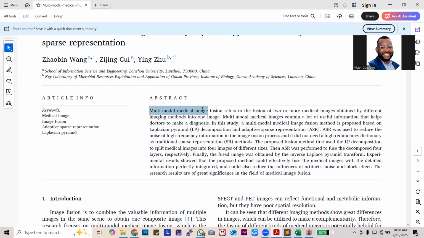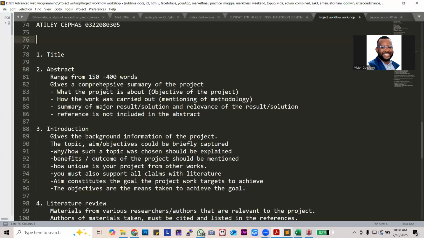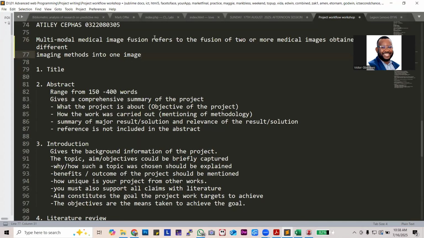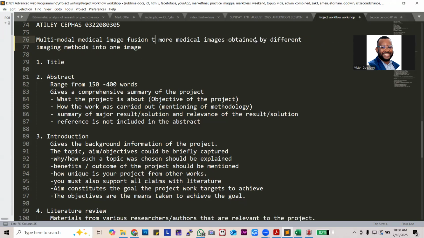So when you are writing about this multimodal image, you just rephrase this and say, so I use a multimodal image fusion that puts one or more medical images got from, you're not using the direct words, okay?